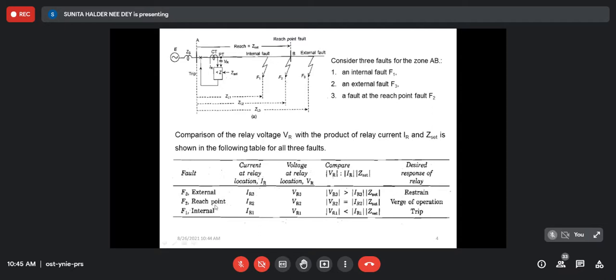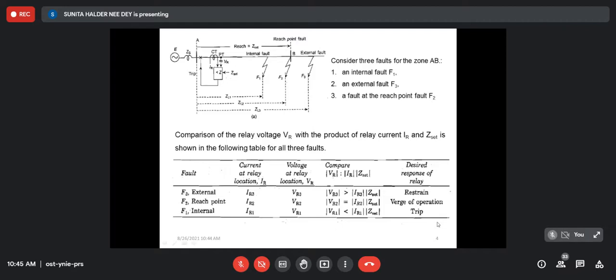If it is at the reach point, then it will be equal, at par. So the relay will be at the verge of operation. And for an internal fault, the relay will always trip, because the voltage will be less than the current times impedance, because the current is higher, so the voltage is far lower.